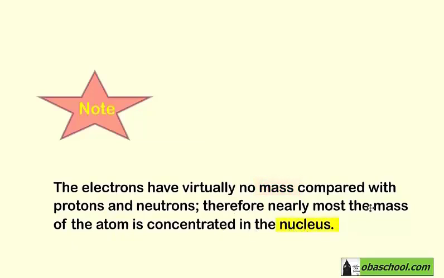This means that the mass of the atom is approximately equal to the mass of the nucleus, which contains the protons and the neutrons, as we said. Electrons have virtually no mass compared with protons and neutrons. Therefore, the mass of the atom depends on the mass of the nucleus.